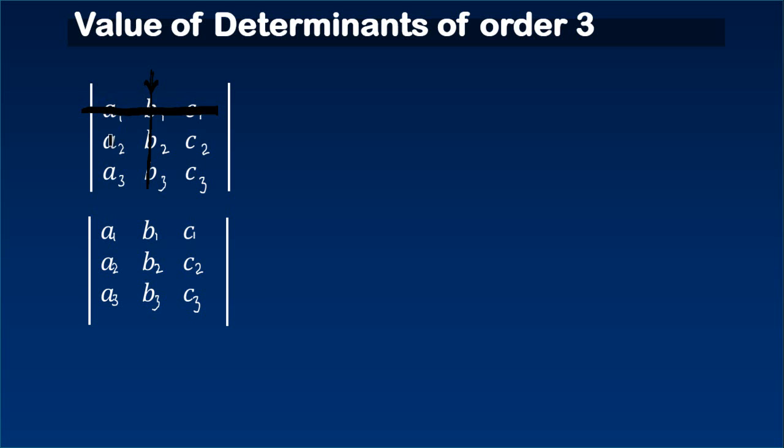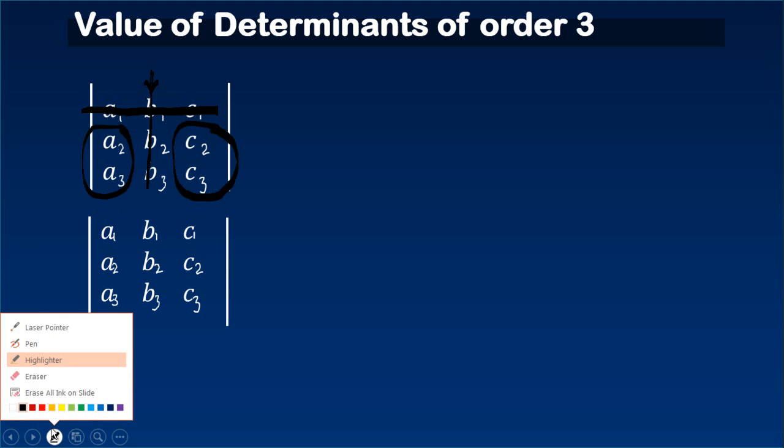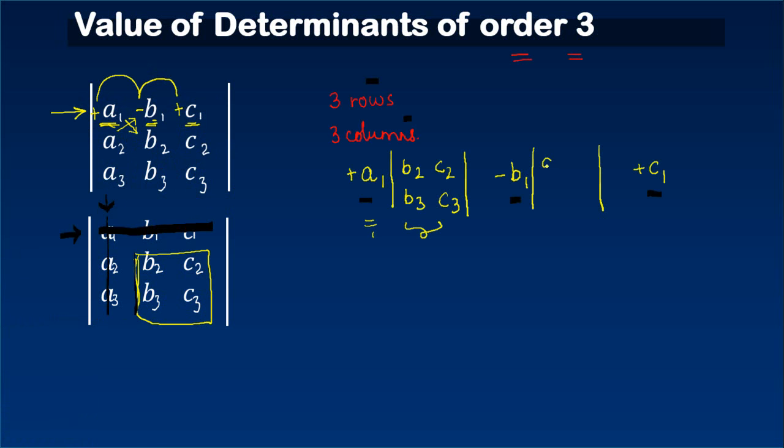I'm left with A2, A3 and C2, C3. I simply take these values and go back to B1, with A2, A3, C2, C3.